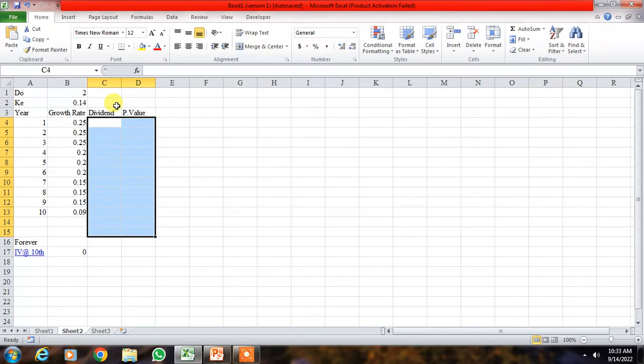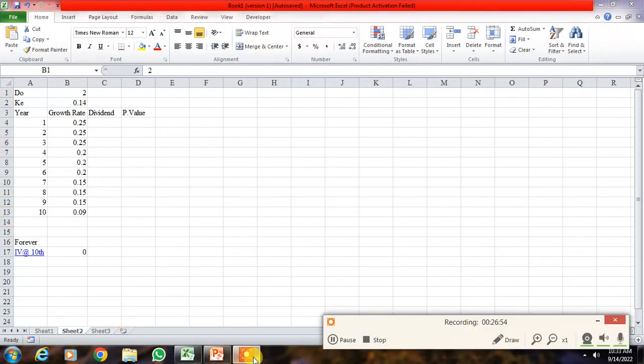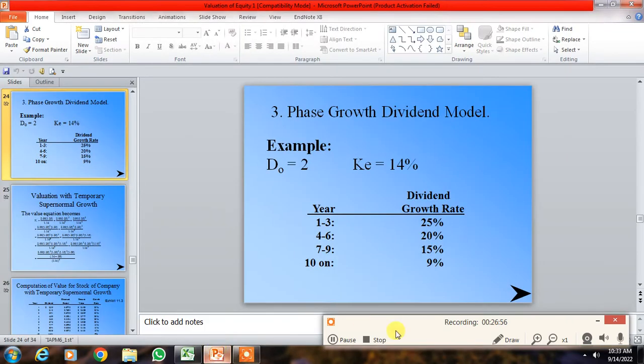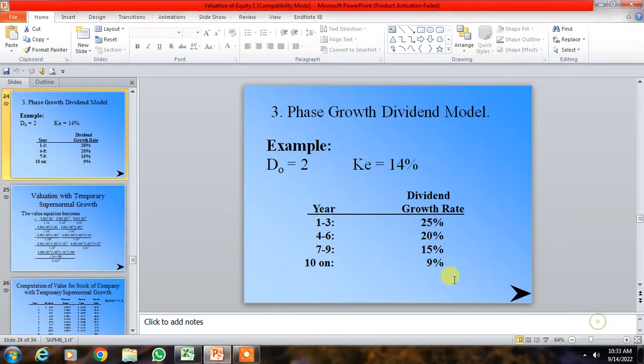Now the question was that the current value of the dividend is 2 and the growth rate is 25% in the first 3 years.